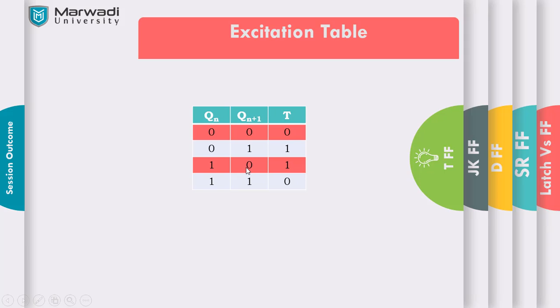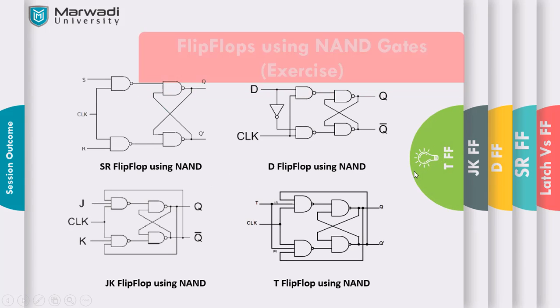So here we have seen all the different flip-flops, that is SR flip-flop, D flip-flop, JK flip-flop and T flip-flop in these 4 different videos by using NOR gate concept. But let me tell you that all these 4 flip-flops are possible to make by using NAND gate also.